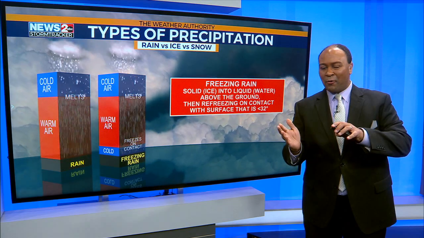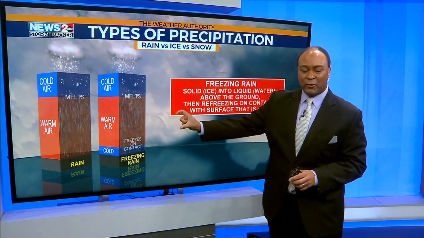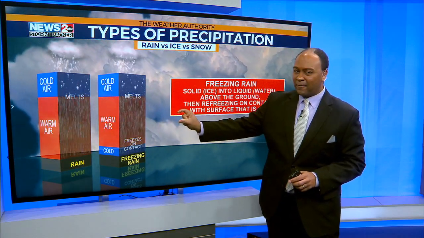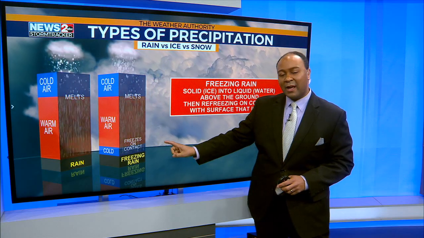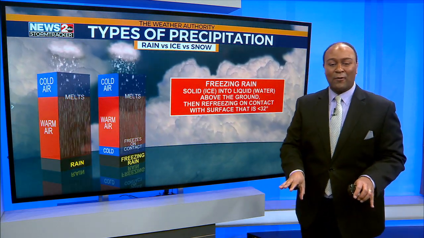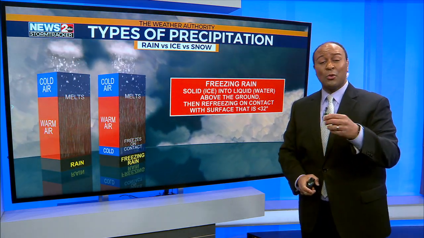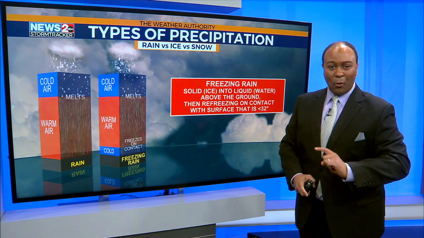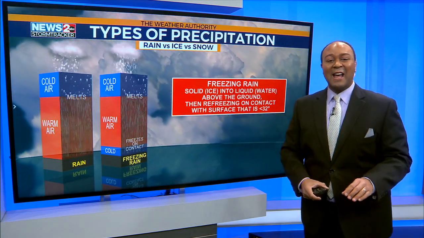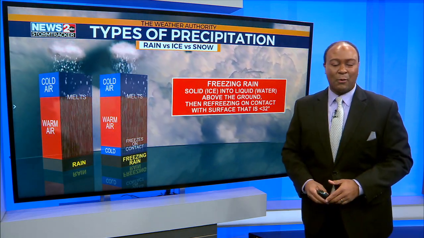This is where you go from a solid state to a liquid state throughout a good portion of the atmosphere on its way to the ground level, and this layer of warm air is fairly deep in nature, but as you get closer to the surface at the ground level, it's a shallow layer of colder temperatures below 32 degrees. So we go from a solid to a liquid in the warmer air, but once it comes into contact with the ground, if those temperatures are below freezing, that'll lead to that liquid becoming ice upon contact with the ground.